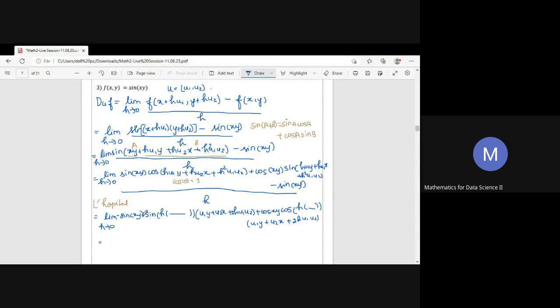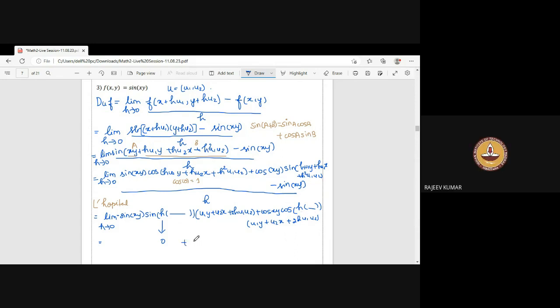Now, as h goes to 0, sin 0 will become 0, so the first term together will go to 0. What about the second term? Cos 0 will go to 1.